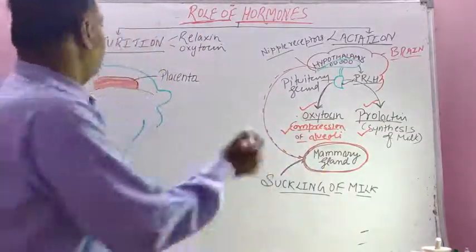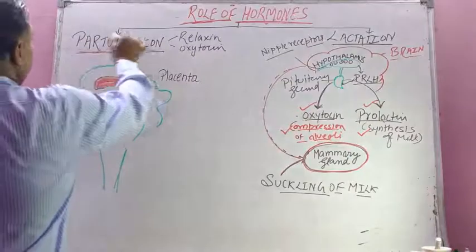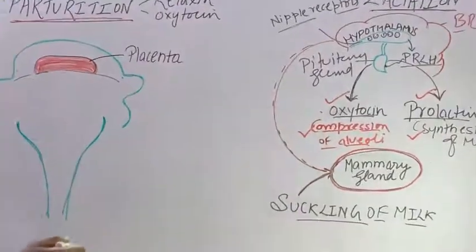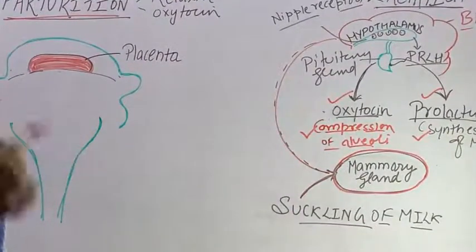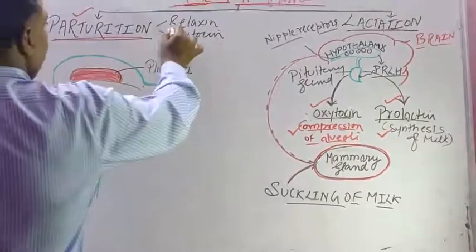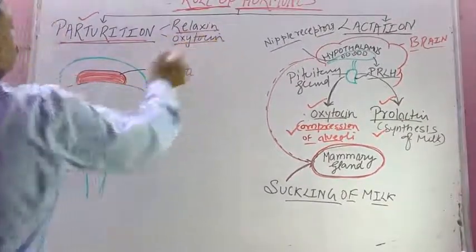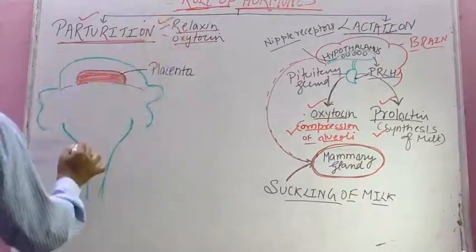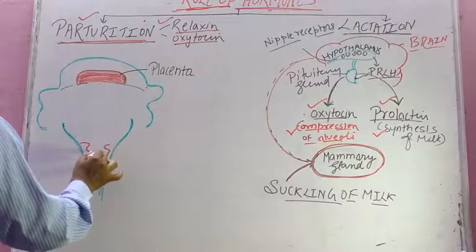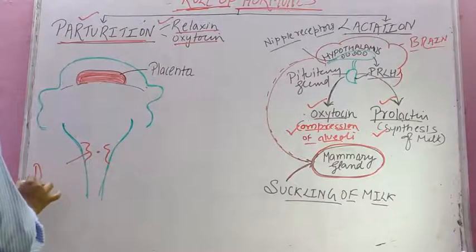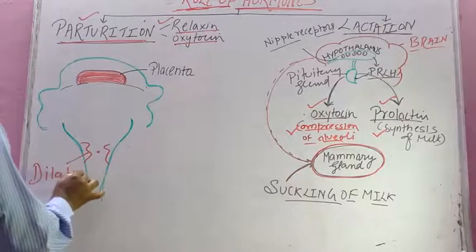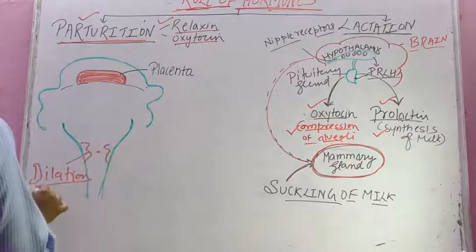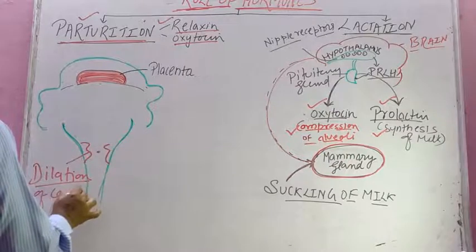Okay student, now what happens during parturition? Just before this lactation, parturition occurs, or you can say it starts simultaneously. Parturition is controlled by two hormones, relaxin and oxytocin. Relaxin causes dilation of the cervix. Relaxin means relax, so it causes dilation or relaxation of the cervix, that is the birth canal.